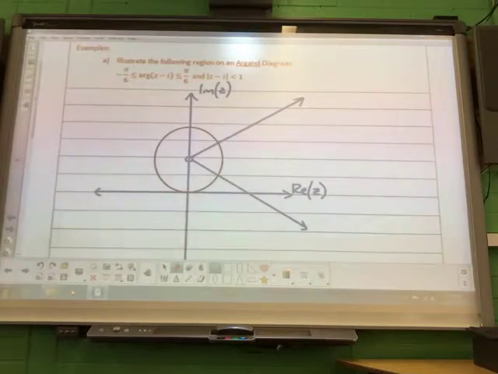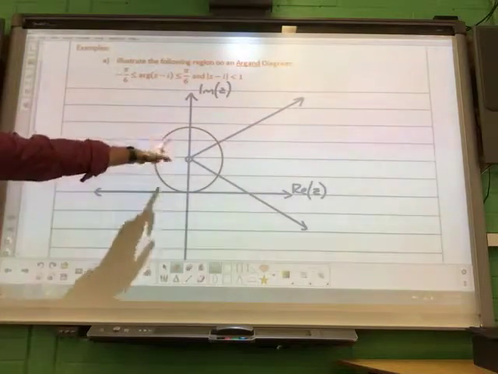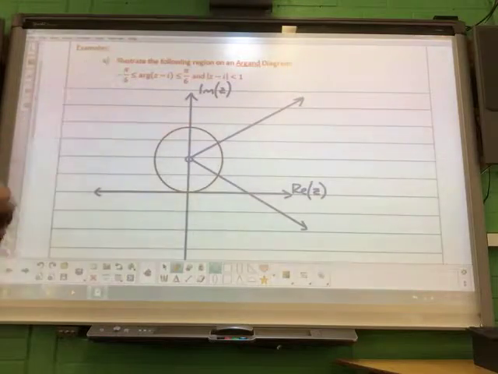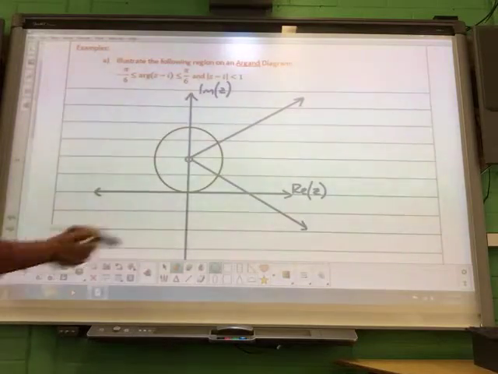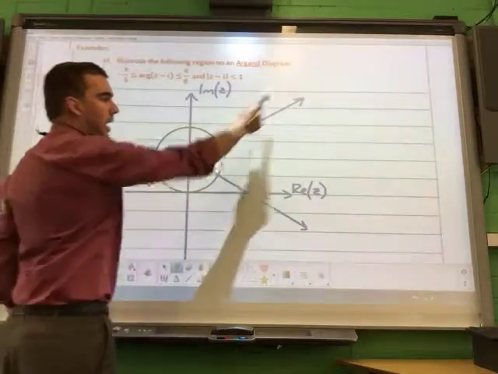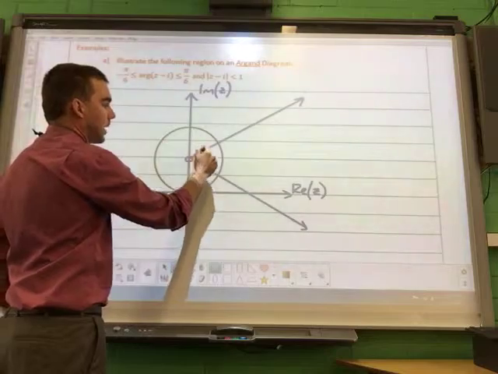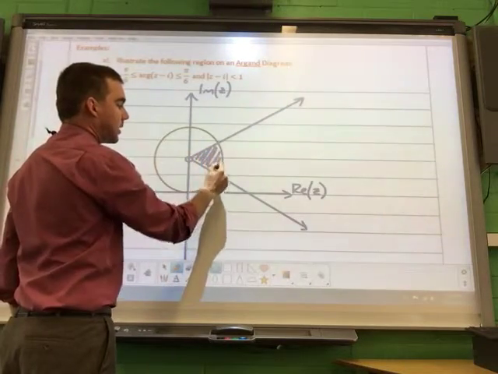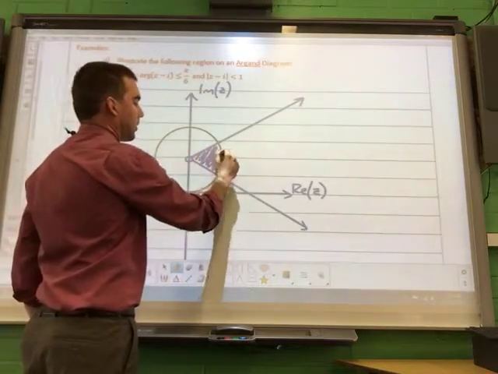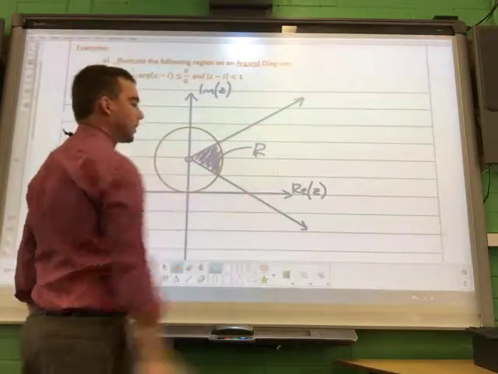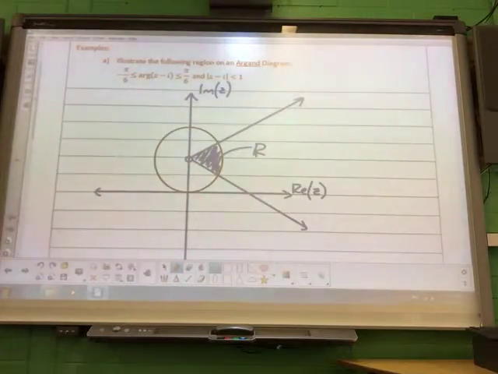Now we need to illustrate the region. The argument is between those two rays because of the condition there, and the modulus of that circle is less than 1, which produces a circle. So it's going to be within that circle and within those two rays. Okay, so that is your region, that sector between those two conditions.